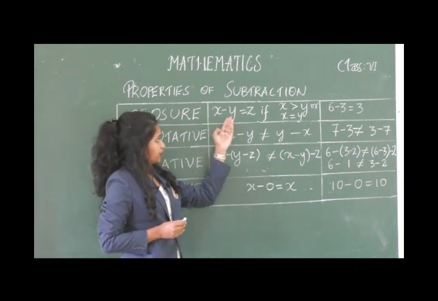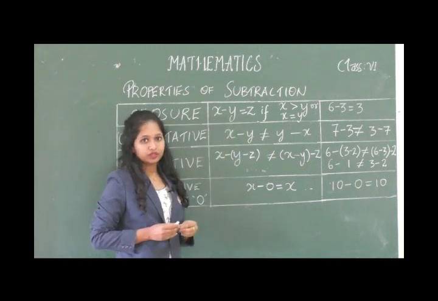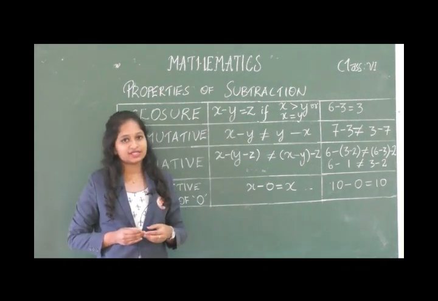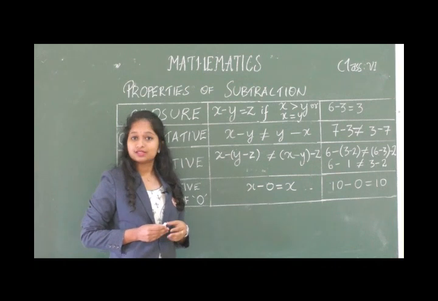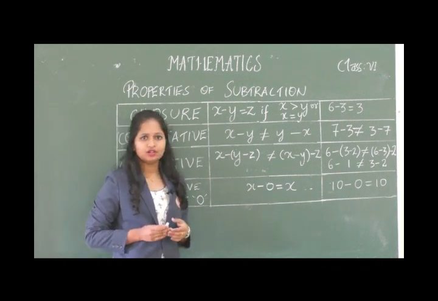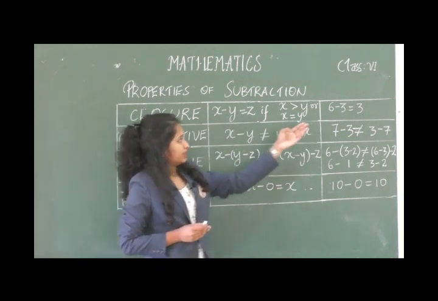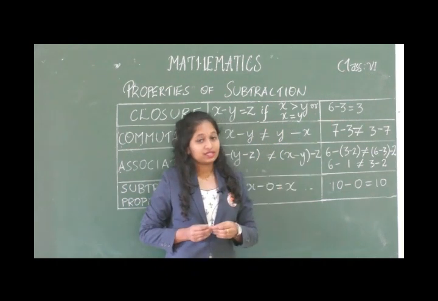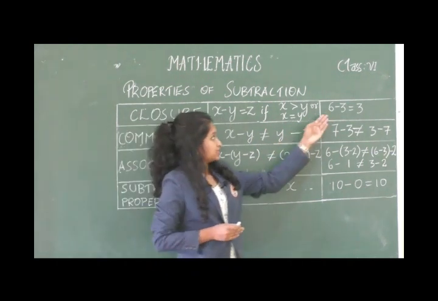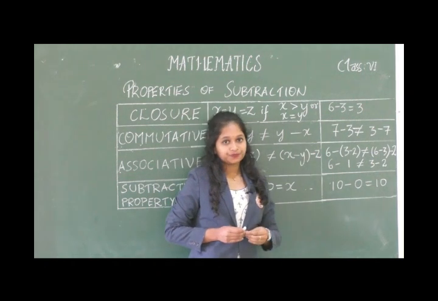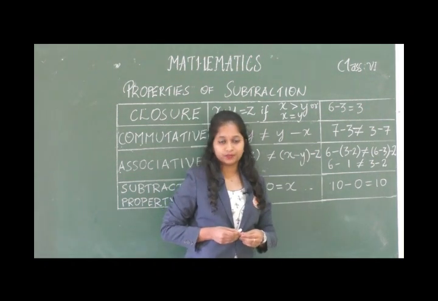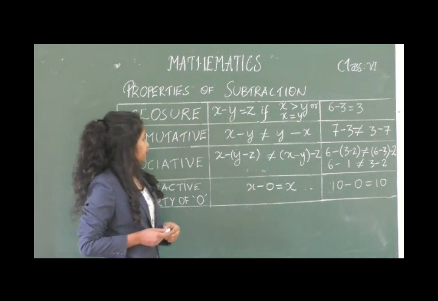That means if you subtract two same whole numbers, for example, 9 minus 9, you get 0. 0 is a whole number. And another example, when x is greater than y, 6 minus 3, you get 3. 3 is a whole number.